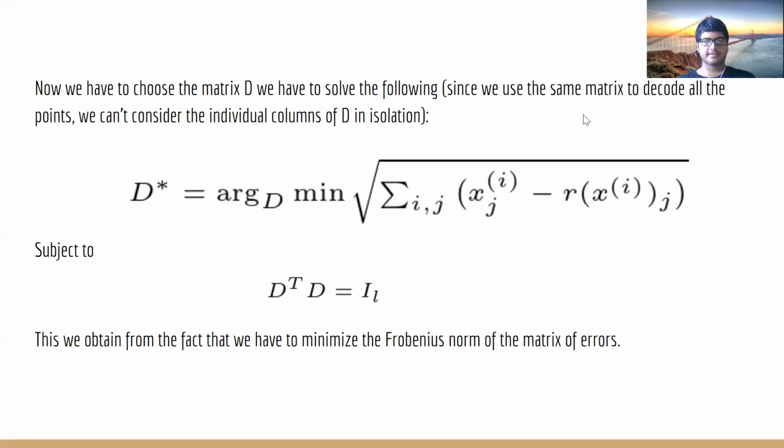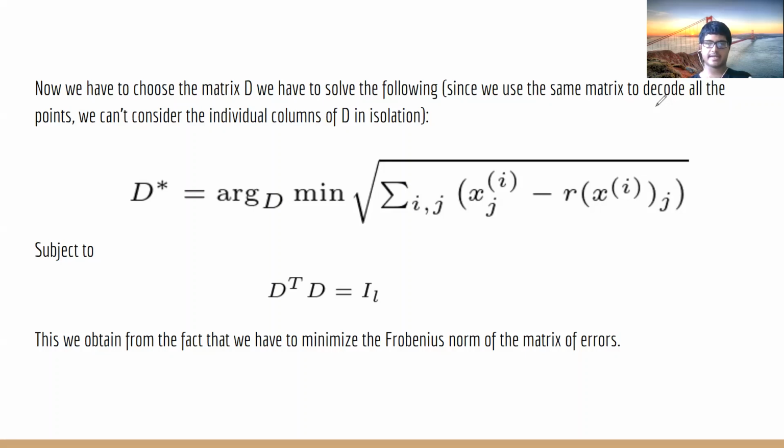And the next one is we have to obtain the matrix D. Now we have obtained C. Let us move ahead to find the matrix D. First of all, we have to choose the matrix D by solving the following. Remember one thing, that in the matrix D, each column cannot be considered at a single time.